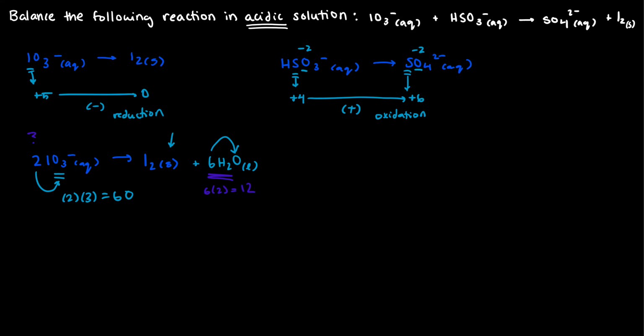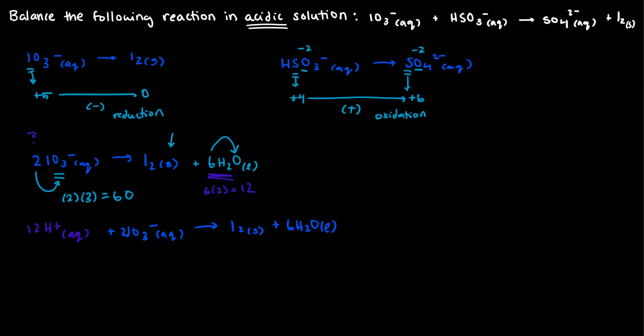In order to balance this out, we need to add 12 hydrogen protons to the left side of the equation. So we're left with 12 hydrogen protons here, plus our 2 iodate, and our iodine, plus 6 water molecules.